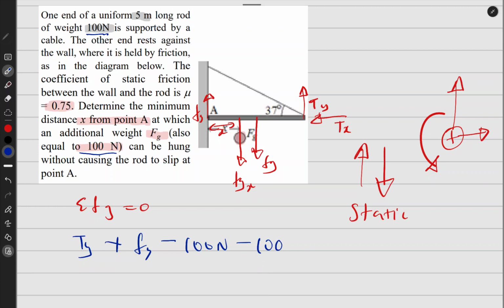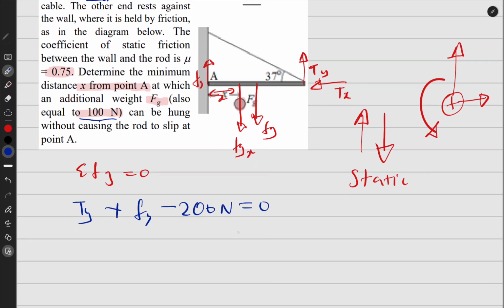Let me sum this to make it 200 newtons. I think I've covered all the forces along y, the load, the friction, and this. It should equal 0. So I can say 200 equals Ty plus Fs. Very good conclusion to have.